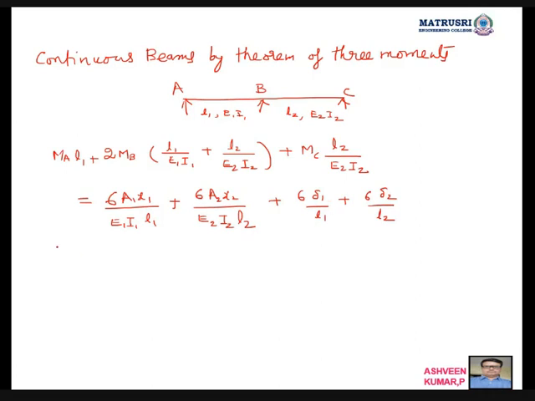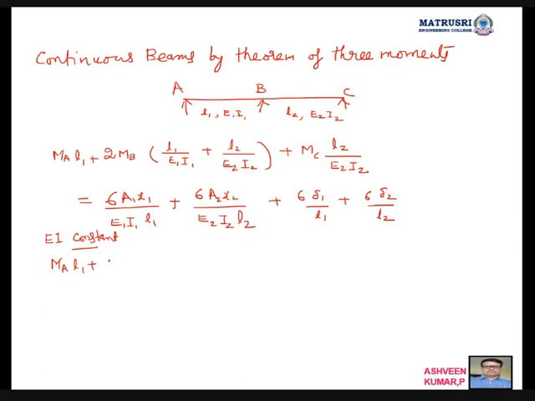If EI is constant, then what will happen to this one? Everything will go. EI will come this side. So if EI is constant, what will happen?